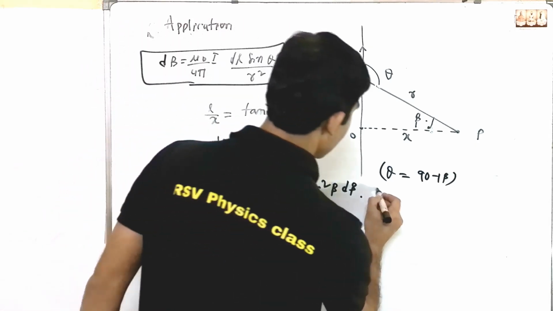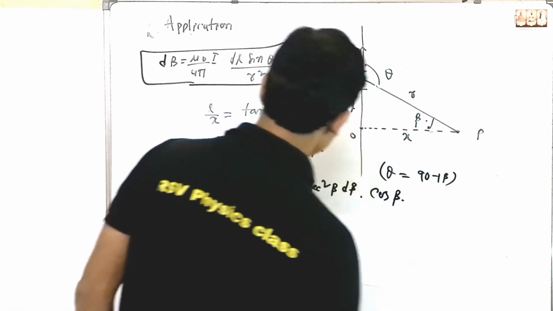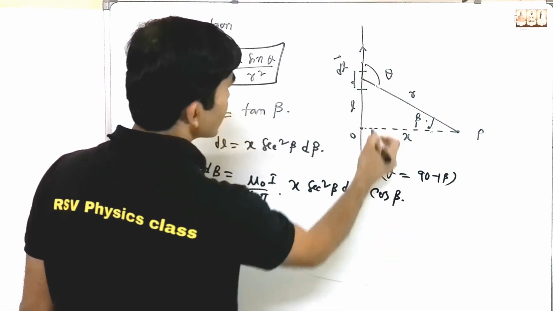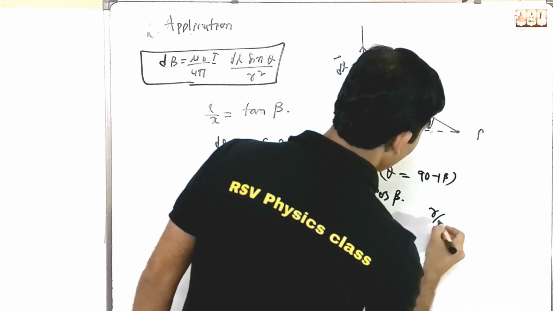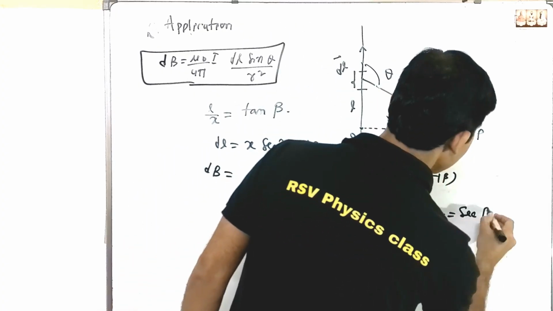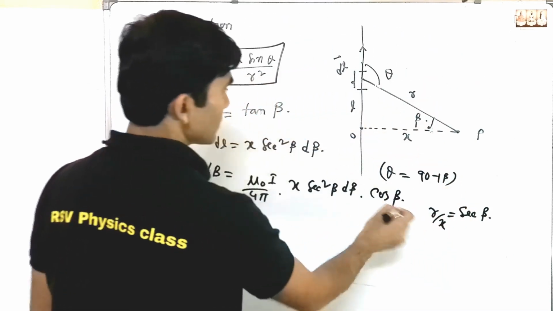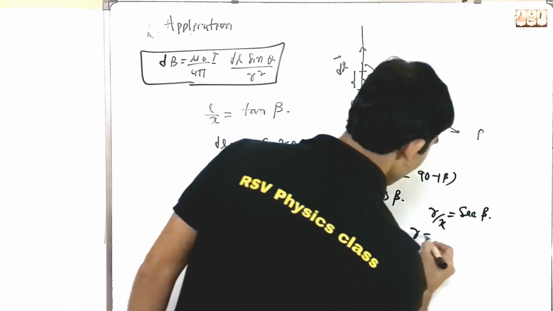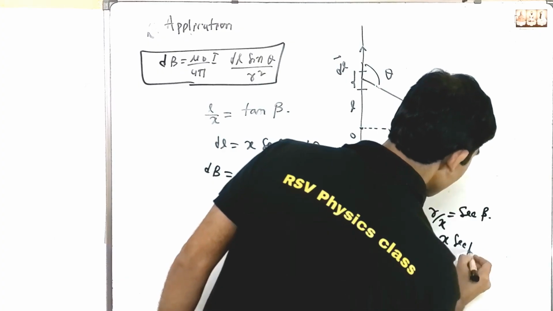This is cos beta. So from this triangle, r over x is sec beta, this is x by r, so r equals x sec beta.